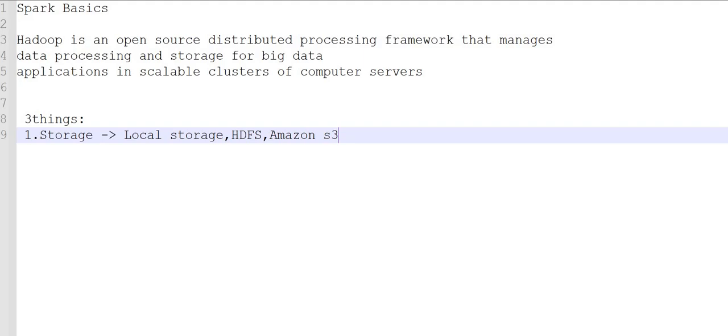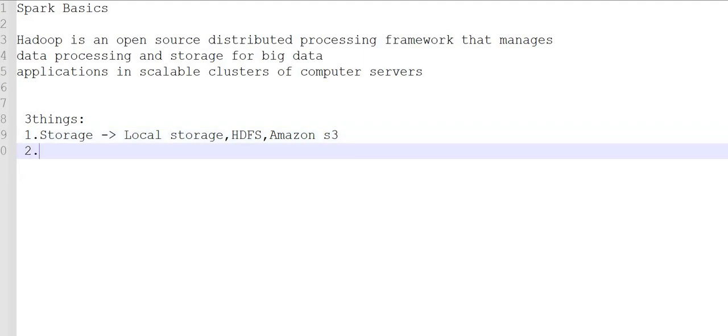The second thing it provides us, as part of Hadoop, is MapReduce, which is used for computations, or you can say processing. As part of Hadoop, by default we have MapReduce.